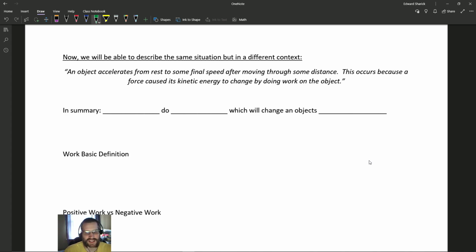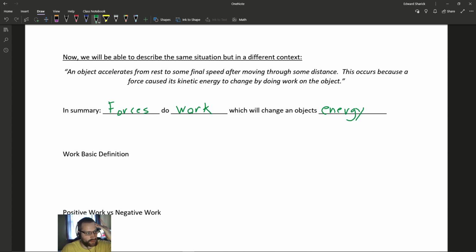It's the same thing, but we're going to phrase it a little differently. Instead of forces causing acceleration, we're going to say that forces do something called work. You looked at that in the POGL the last 2 days: forces do work, which will change an object's energy. So instead of thinking in terms of speed, acceleration, and changing an object's velocity, we're looking at forces doing work, changing an object's energy. It's a bit of a shift in how we're going to be thinking about this.